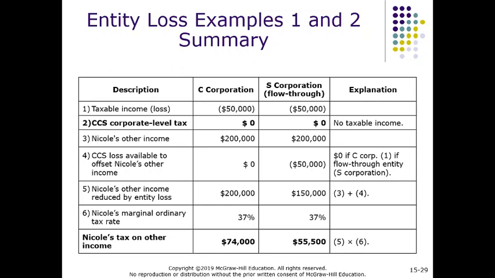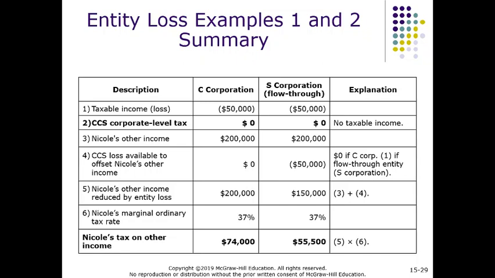So these are the kind of things you would do when you're talking to a client who wants to set up a business entity, to figure out which business entity is best for them.